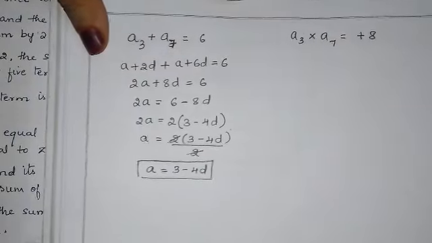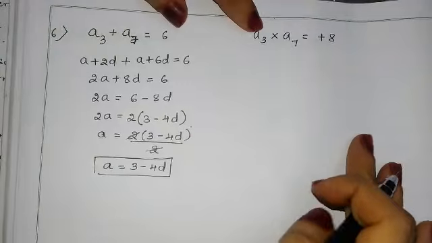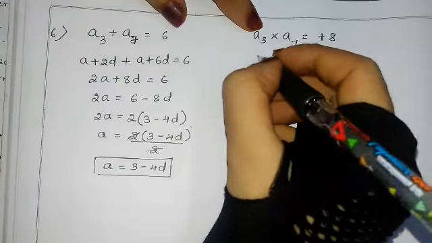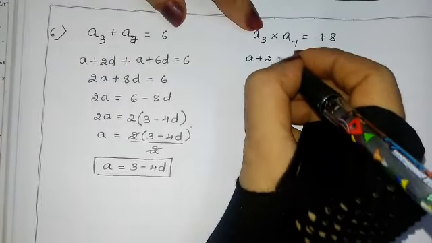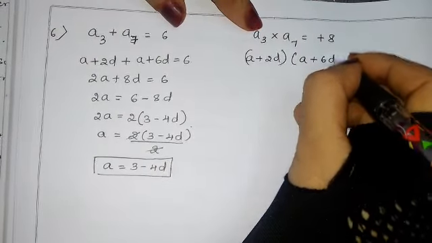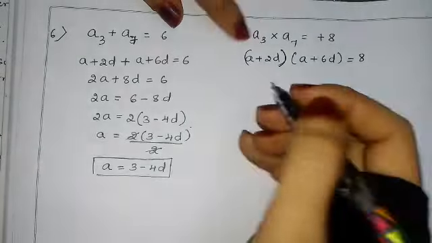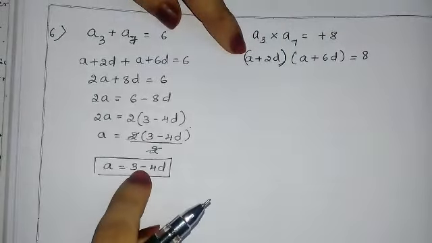So now let us go for this side. A3 is a plus 2d, A7 is a plus 6d. In between them, what product? 8. A is what? 3 minus 4d.